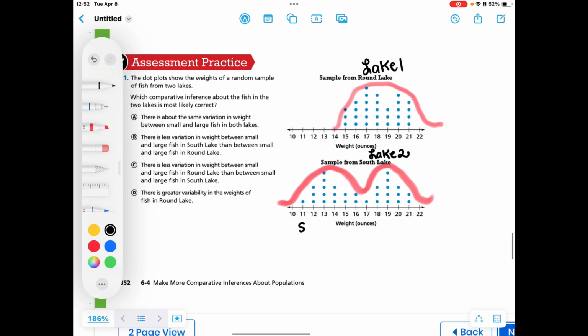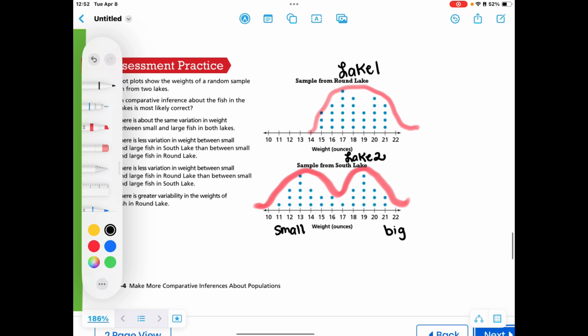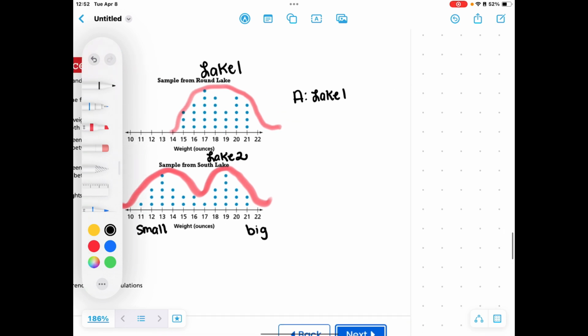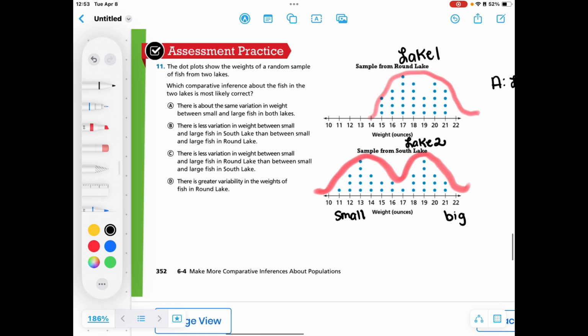It seems like we have a pretty significant jump here where this would be small and this would be big. Just off part A, I would say that Lake 1 has more big fish than small fish. There would not be a big variation at all.